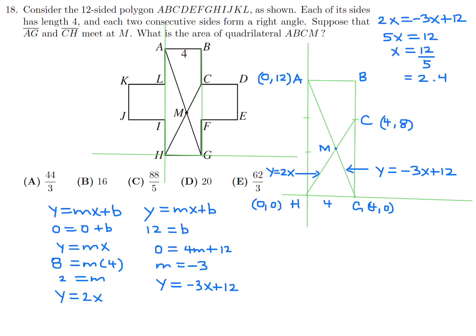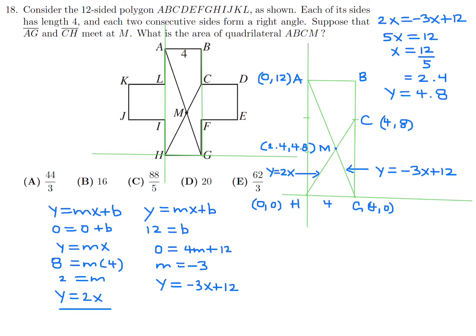You don't have to convert it to decimals, but for some reason it makes it easier for me. And y, well, y is equal to 2x, so y is going to be 4.8. That's the coordinates for M. So M is (2.4, 4.8).